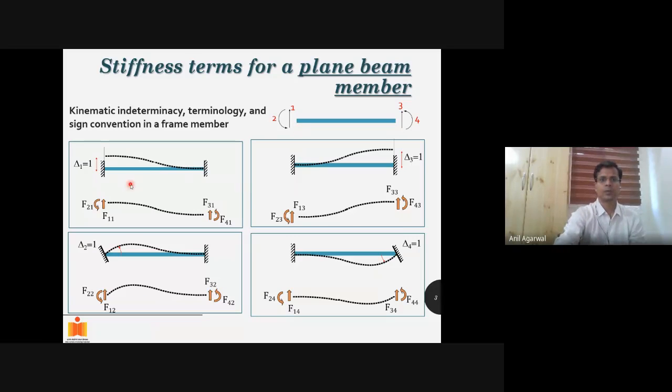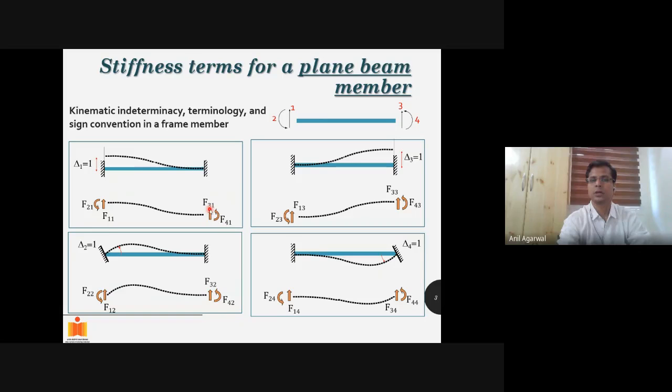So if this is my beam, numbered with degrees of freedom 1, 2, 3, and 4, and I introduce a unit deformation in degree of freedom 1 but make sure there is no deformation in degree of freedom 2, that means the slope here does not change, the slope is 0. There is no displacement at 3, no movement here, and no rotation at 4, the slope is 0. Only delta 1 is 1. Then different forces would be required at the 4 locations, in the 4 directions. Those forces will be called F11, F21, F31, F41.